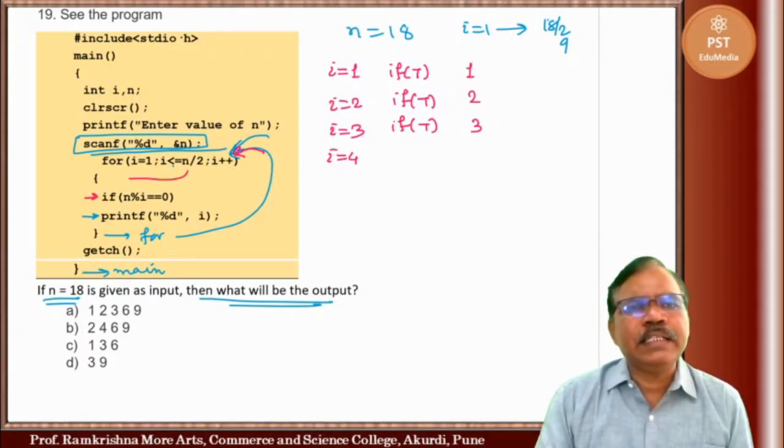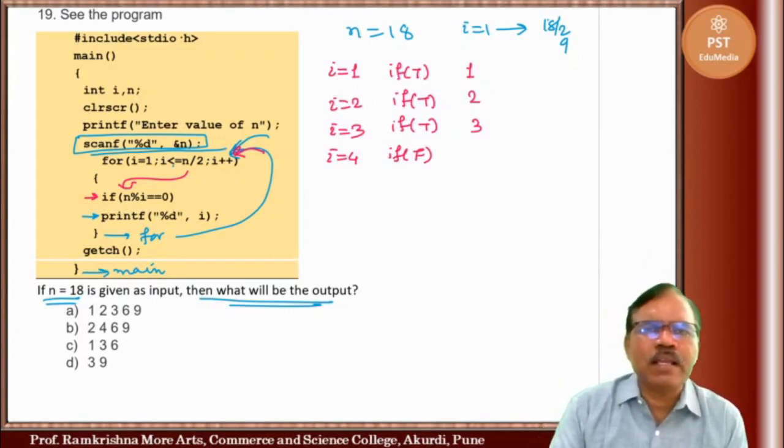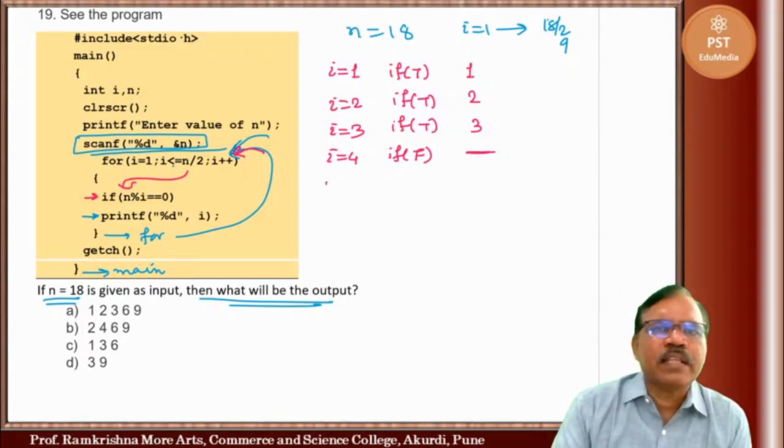The condition is n % I, 18 % 4, no, condition is false, because 18 is not divisible by 4, so nothing is printed. Then I becomes 5. 18 % 5 equal to 0, the remainder is not 0, so false, nothing is printed.